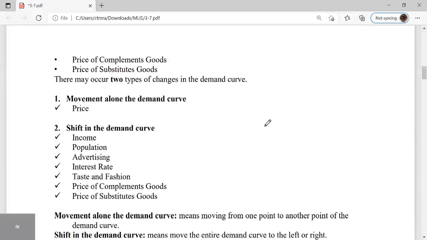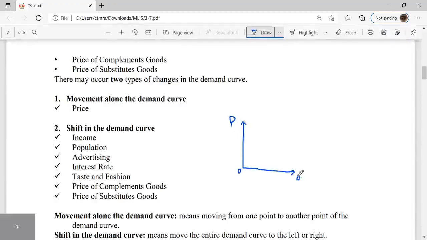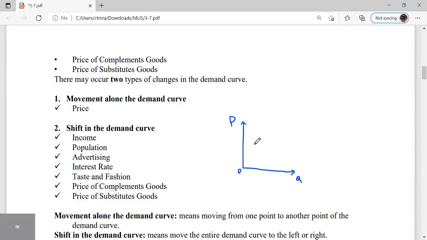Okay, so let's draw this shift. When it shifts, it means that it's shifting to a totally new demand curve.